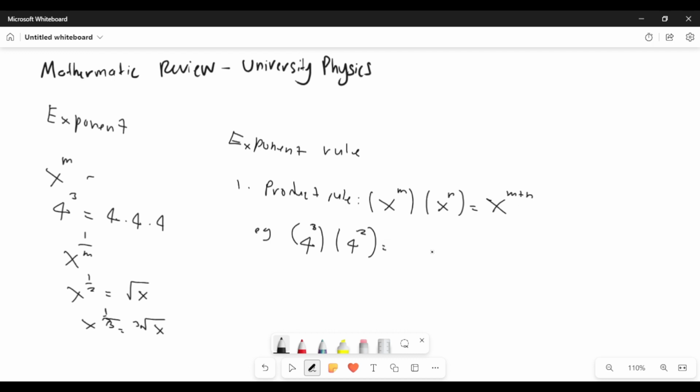Similarly, as in the expression above, we add up all the exponents because we have the same base. 3 plus 2 gives us 5, and then you press your calculator, 4 raised to the 5th power, we will get 1024. Okay.